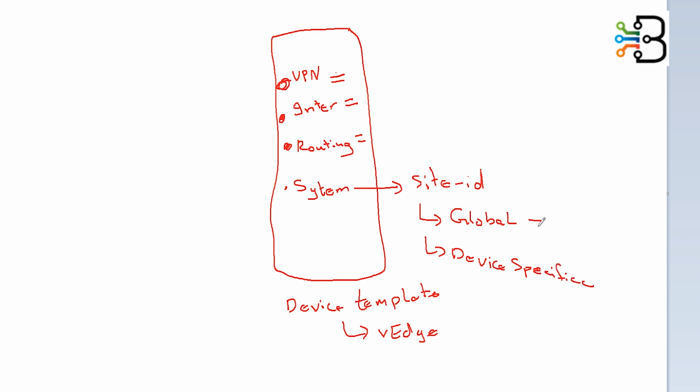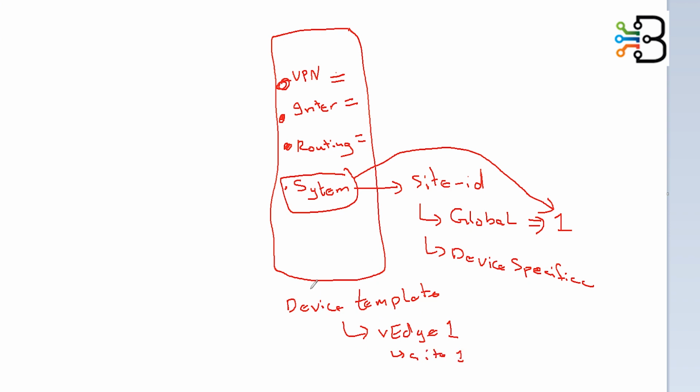If I configure it as a global value, let's say site ID 1, it means that this feature template will belong to this site ID only. So wherever I call this system template, it will push the site ID as 1. But for a general template, for example, if this is the device template for vEdge site 1, the site ID will be 1.